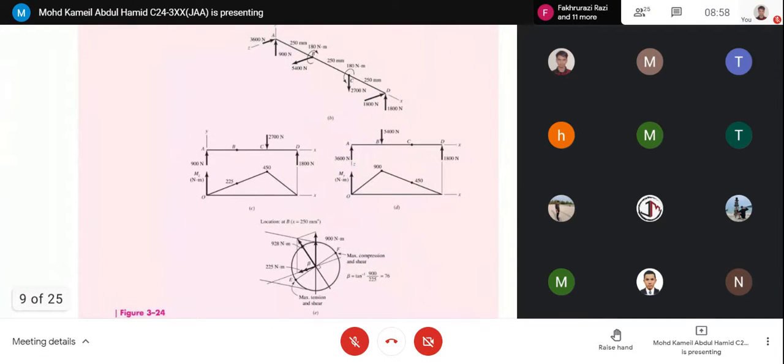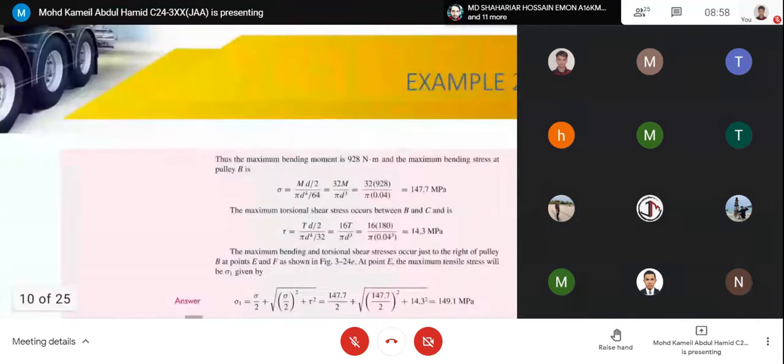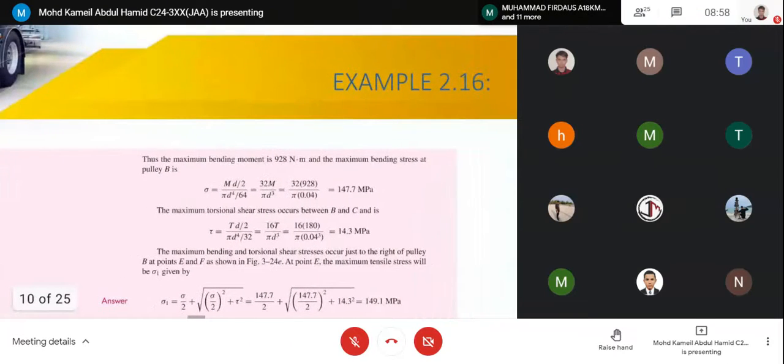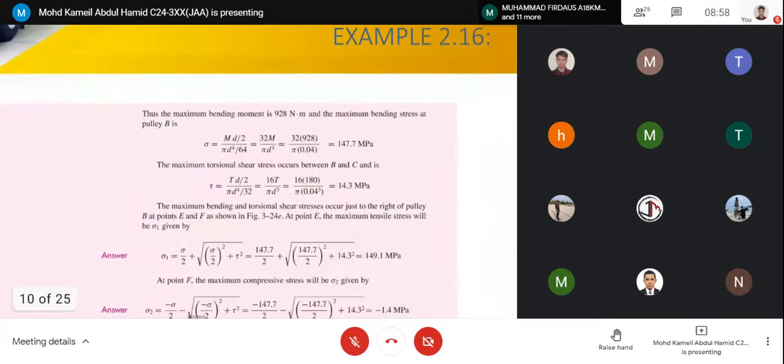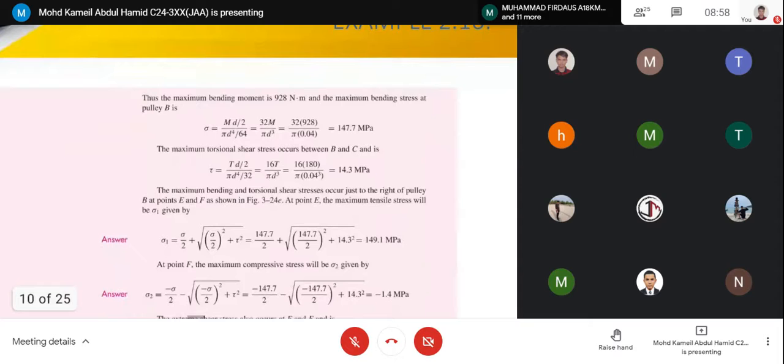Then what is important is the maximum bending moment.